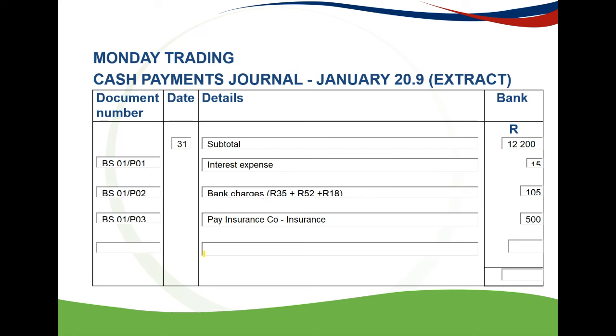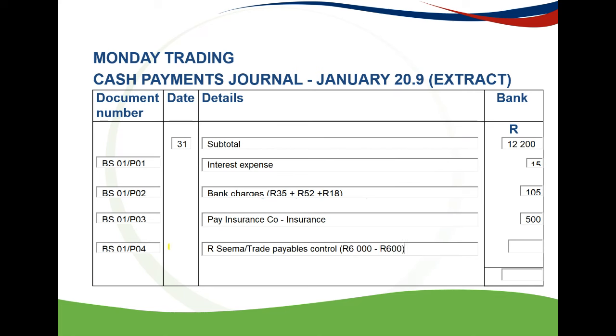Now here we will say, okay, bank statement 01 304, Osimo, which is our creditor, payables control. And that is basically the 6,000 rand minus the 600 that we've recorded.